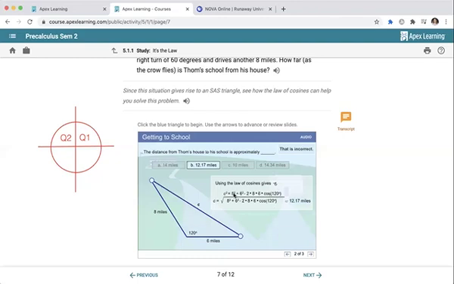You would have 8 squared plus 6 squared minus 2 times 8 times 6 times the cosine of your angle C. And C has to be the angle inside our triangle, so that makes it 120, not 60 degrees. So effectively, side C here is 12.17 miles.